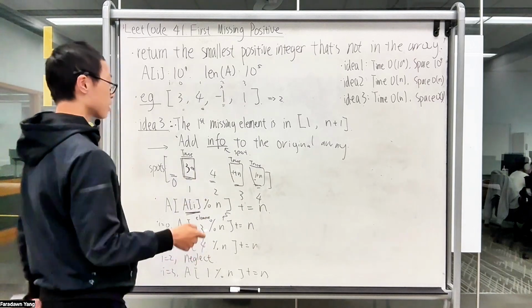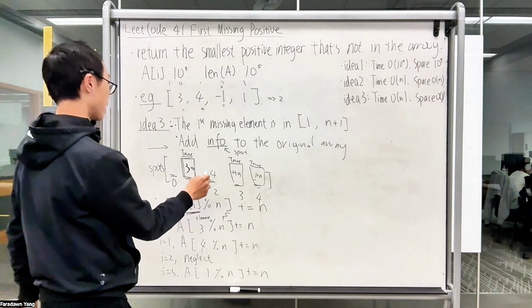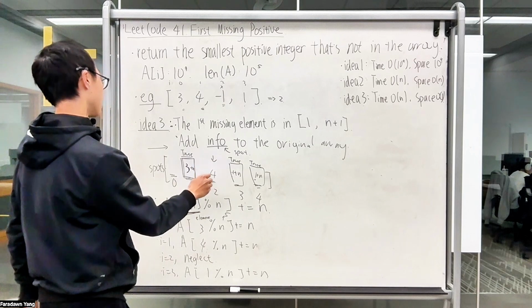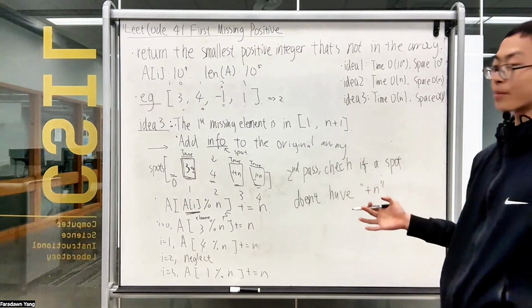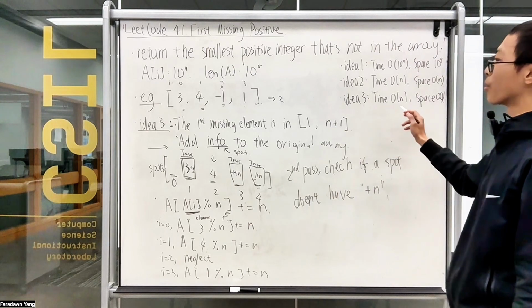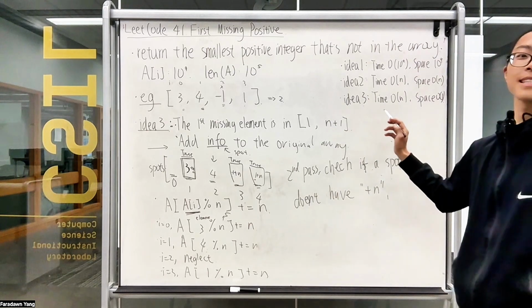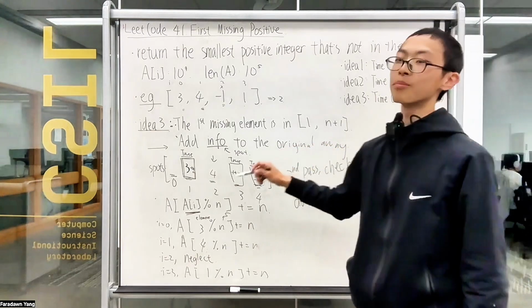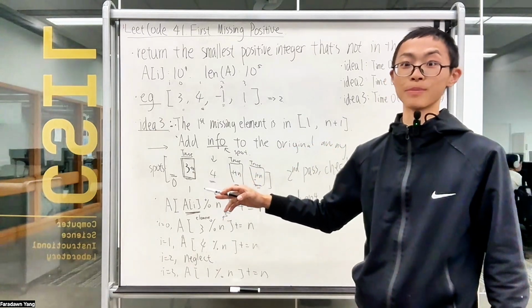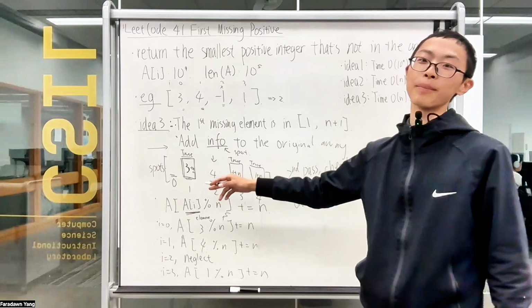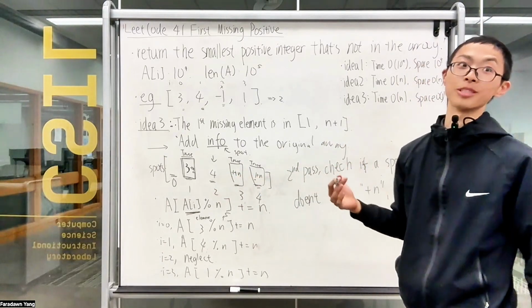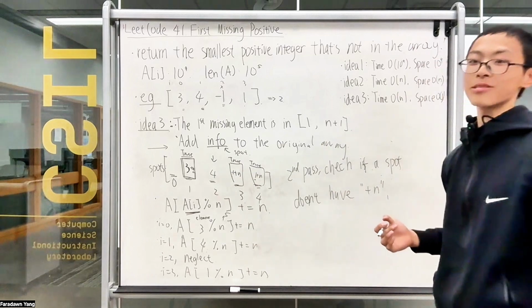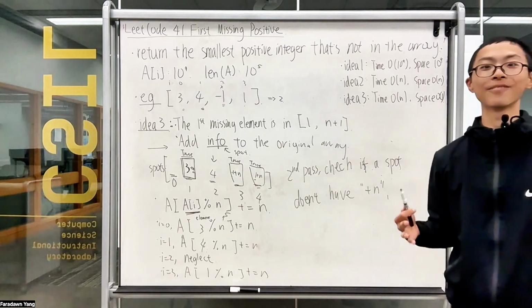In the second pass, we just check whether an element doesn't have a plus n. What is the time complexity? It's still O(n). And what's the space? It's O(1), because we don't need any extra space. We just modify the original array, so no extra space is wasted. Thank you for watching.